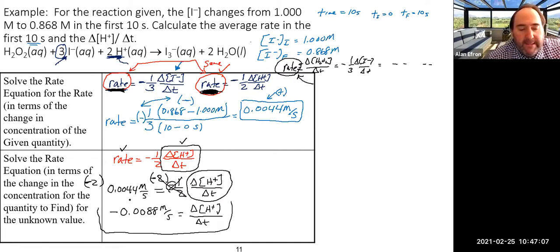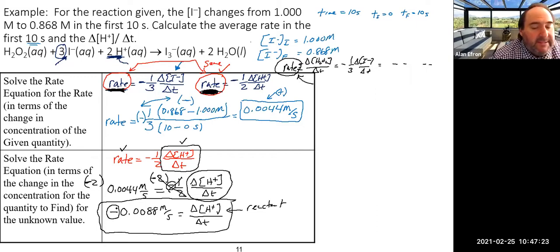So why is that negative important here? It's important because this is a reactant. And as we talked about, we would expect it to be decreasing with time. And that's why it's important to have this negative here, because that's indicating that our H plus is actually decreasing with time. Any questions on that calculation there?